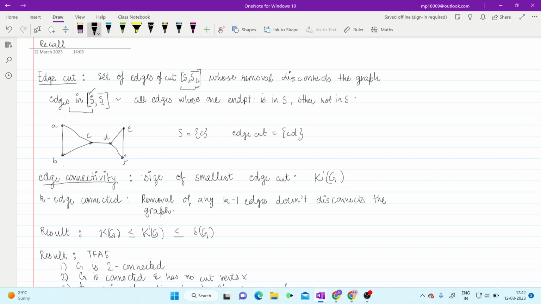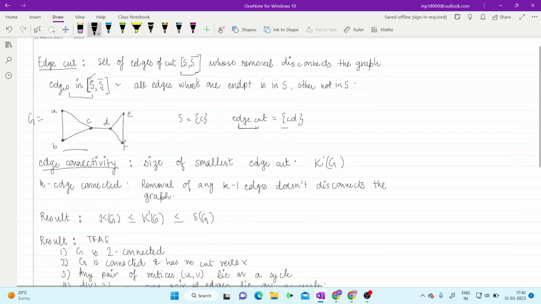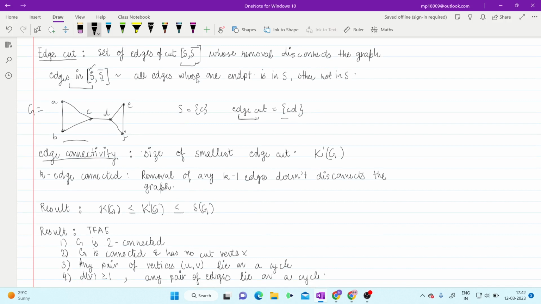Now suppose this is our graph G. If we remove this edge CD, the graph becomes disconnected. Therefore our edge cut here is CD. Similar to vertex connectivity, edge connectivity is the size of the smallest edge cut.